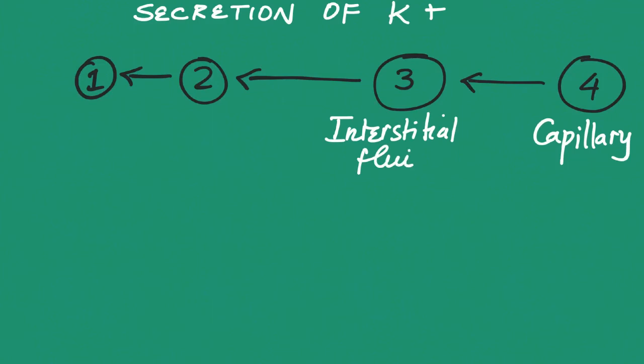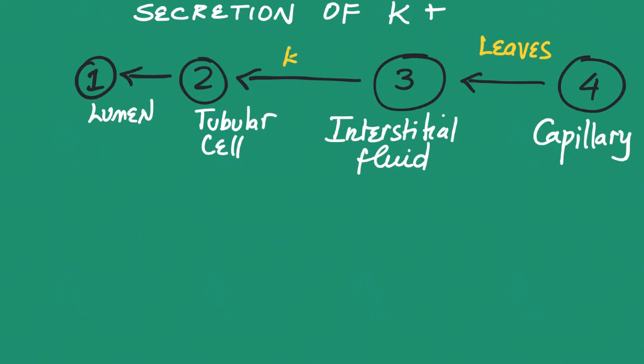Now the potassium must enter the tubular cell, and then it must leave the tubular cell to enter the lumen. So potassium leaves the capillary, potassium enters the tubular cell, and potassium leaves the tubular cell.